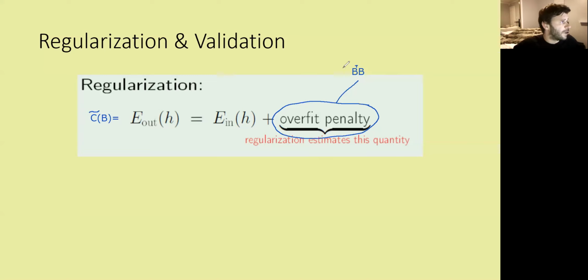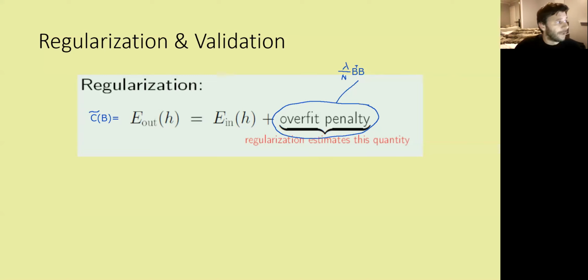And there was also a lambda over n factor out in front of it, where lambda was a parameter that forced how much of a trade-off we faced with that overfit penalty when we engaged in this process of cost minimization to estimate our parameters.